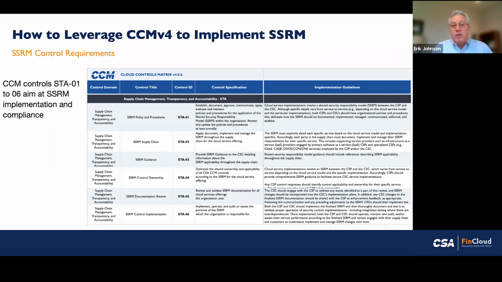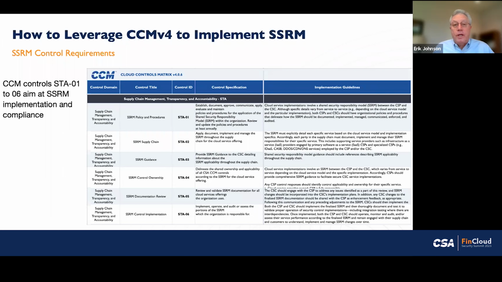So it really starts with them, and the whole life cycle really does require for the CSPs to provide that first cut at what is the control ownership and what is the customer security implementation guidance. So that is the first step, and that's what STA03 requires.